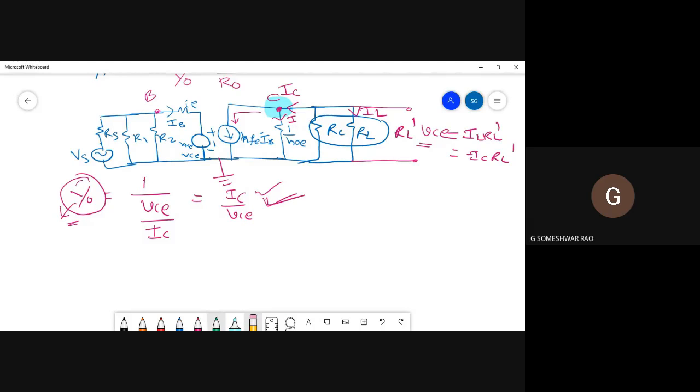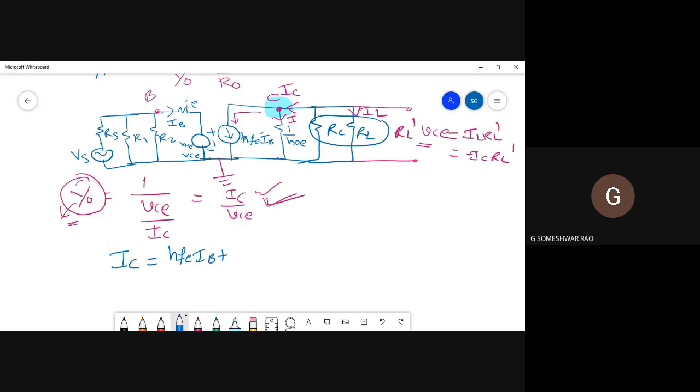So if I apply the KCL, IC is equal to, which is the input current. Am I correct? What is the input current? IC. What is the leaving current here? HFE into IB, plus what is I? This we have already solved.